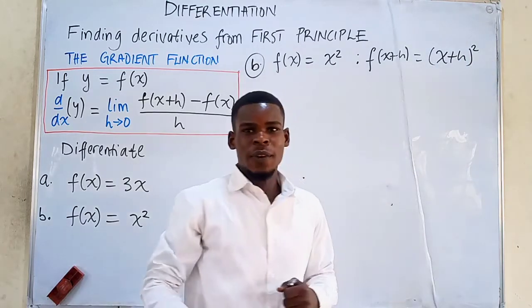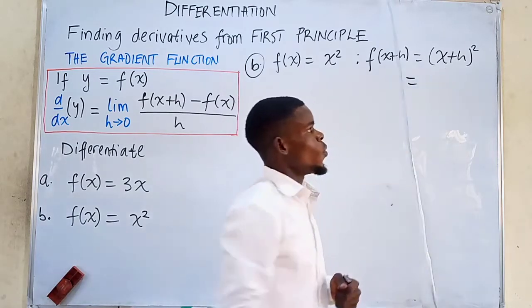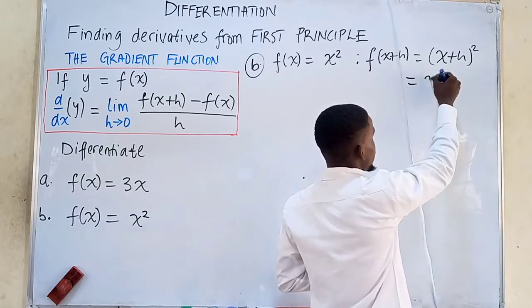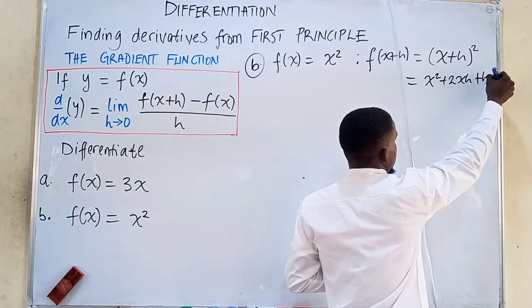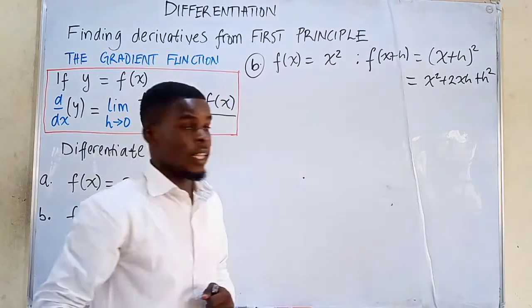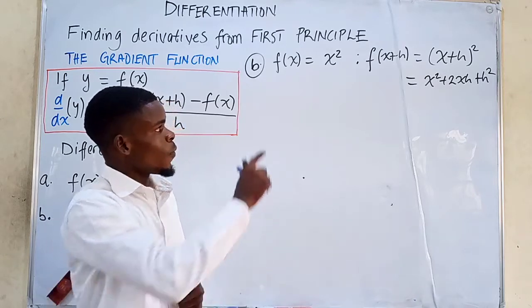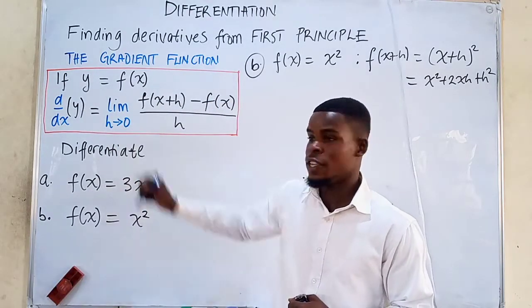Good. And when you square that, we can do a little expansion. You square that bracket, and you're going to end up with x squared plus 2xh plus h squared. So that is what we get by expanding that. Good. And now we need to substitute everything into the gradient function and take the limit as h tends to 0.